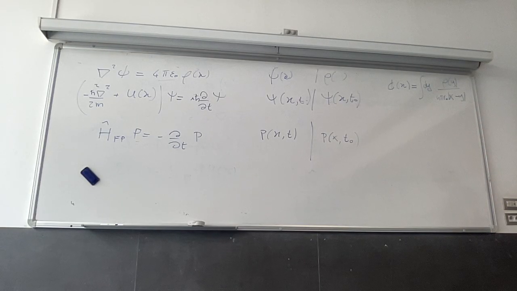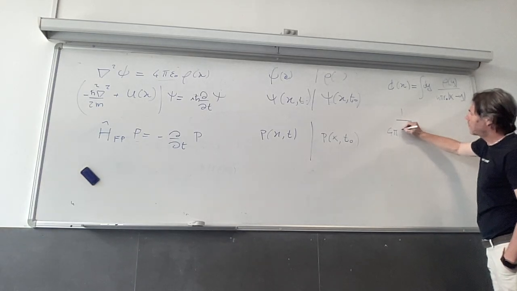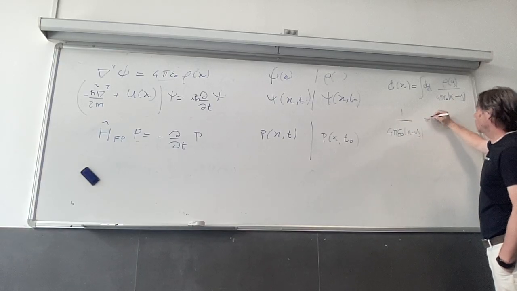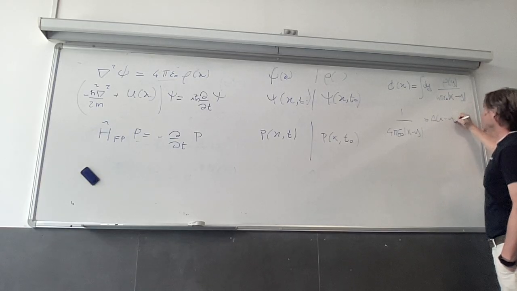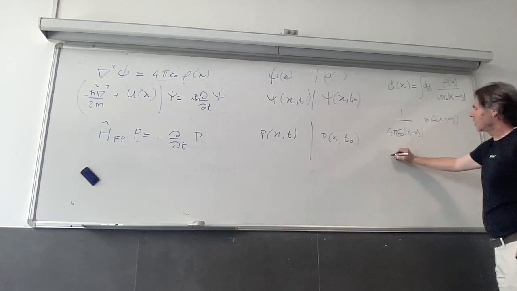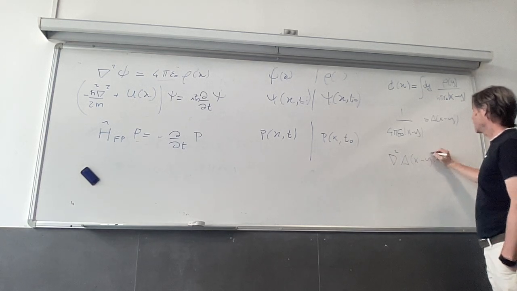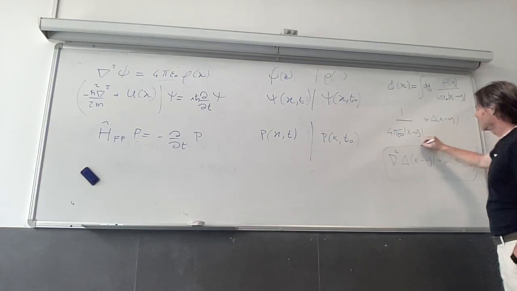But this function, 1 over 4 pi epsilon naught x minus y, happens to be the solution of the equation Laplacian G of x minus y equals the Dirac delta of x minus y.